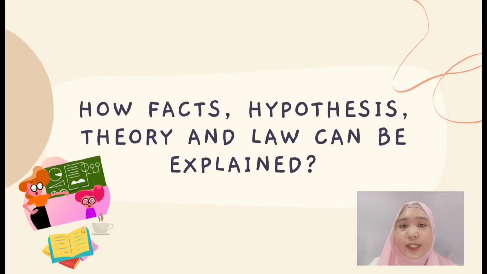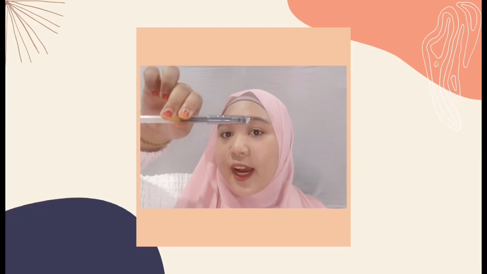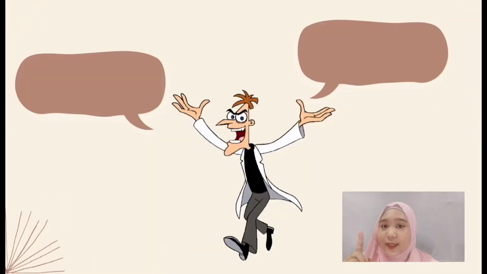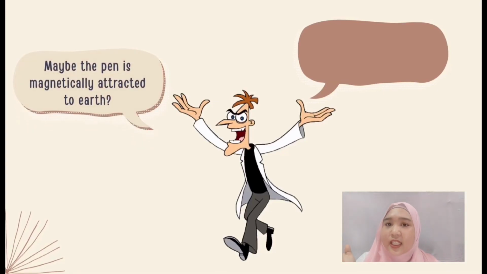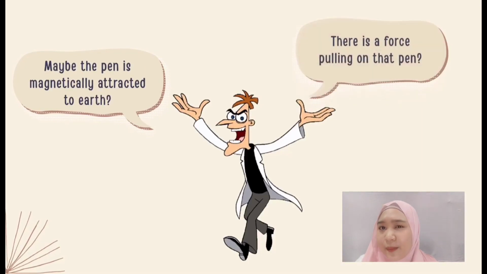We already know the definition of each, and now we want to know how facts, hypotheses, theory, and law can be explained. Now look at this pen. If I drop this pen, it will fall down. So I can make a few hypotheses. Maybe the pen is magnetically attracted to Earth, or there is a force pulling on that pen.